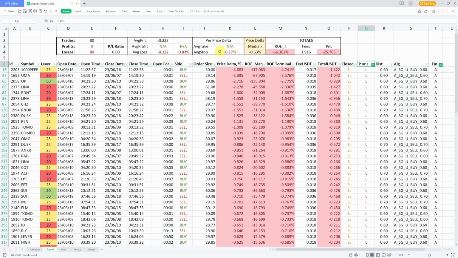median. We already have an average here, but why would I need a median, and what is a median anyway? Well, a median is an indicator that simply tells you that of all the selected numbers, half of them are above minus 0.63 and half of them are below that number. Why would I want to use that instead of the average or in conjunction with the average?